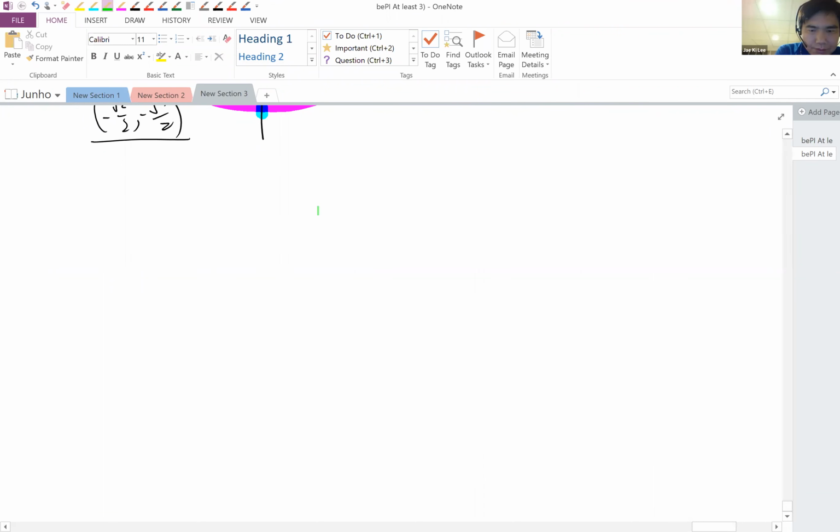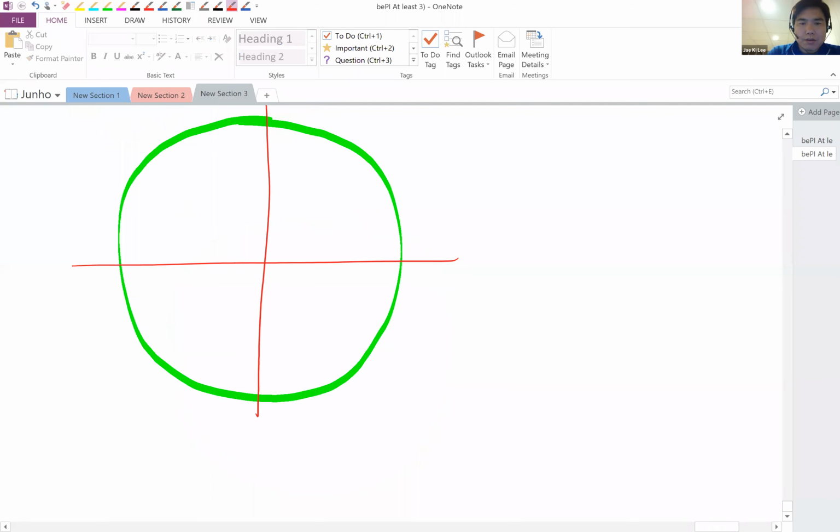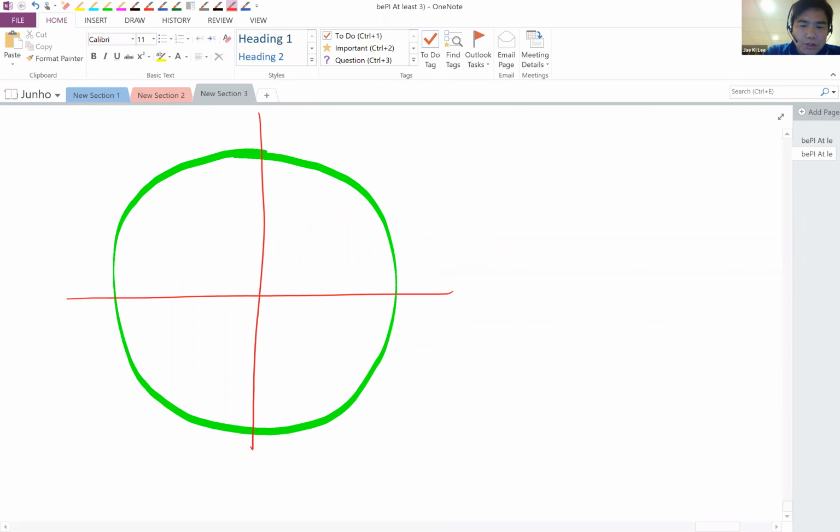Here we just call this a unit circle, right? Unit circle means this radius value becomes 1.